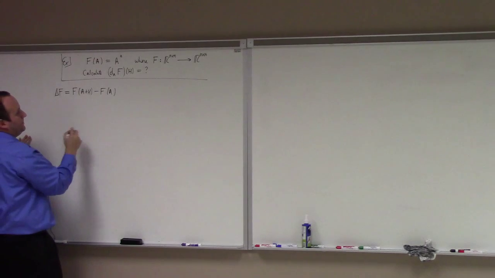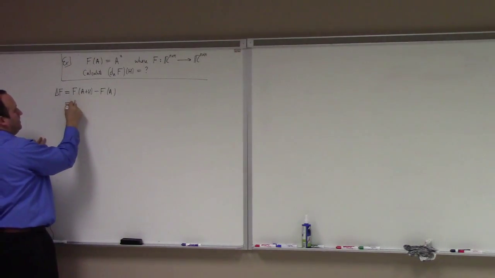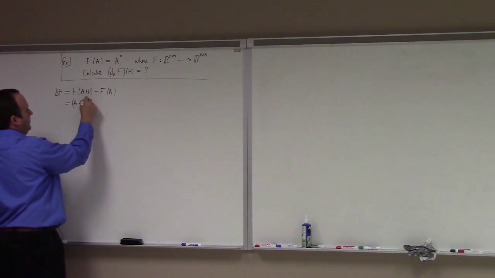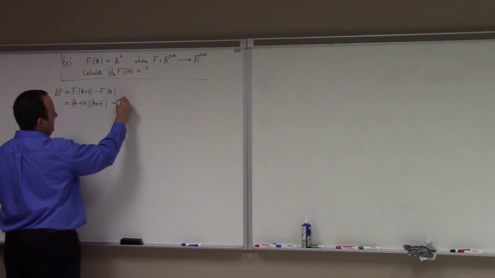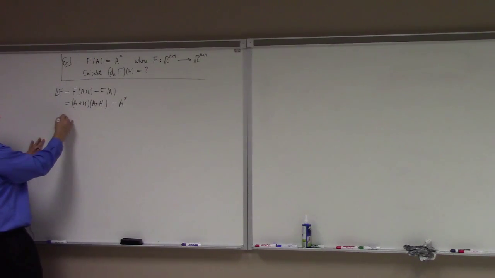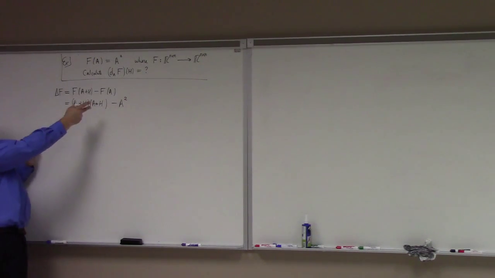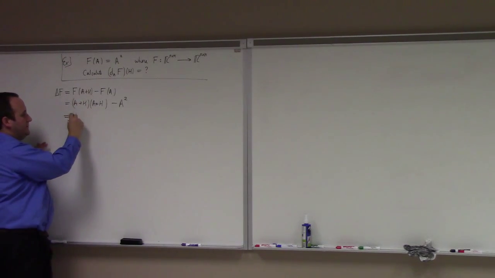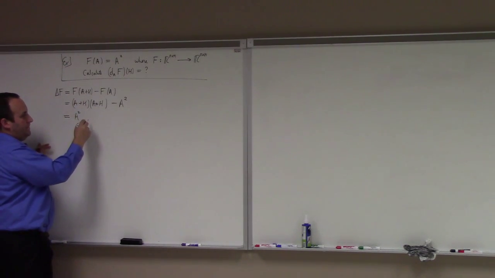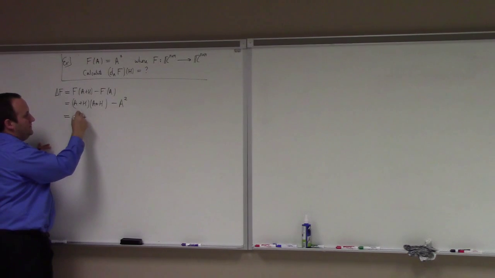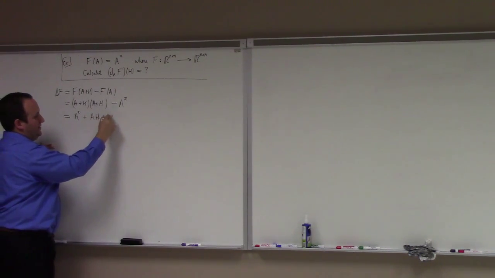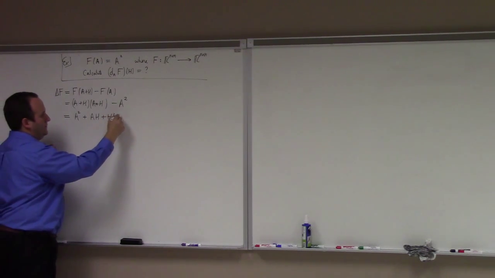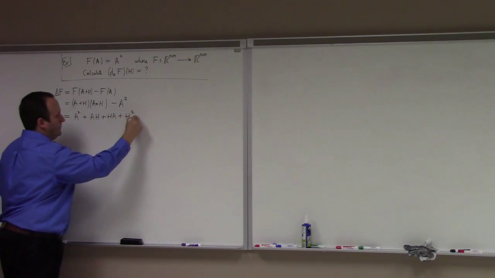So what is that? I just wrote it out like that to emphasize what's going on here. So you get a squared, then plus Ah plus hA plus h squared minus a squared.